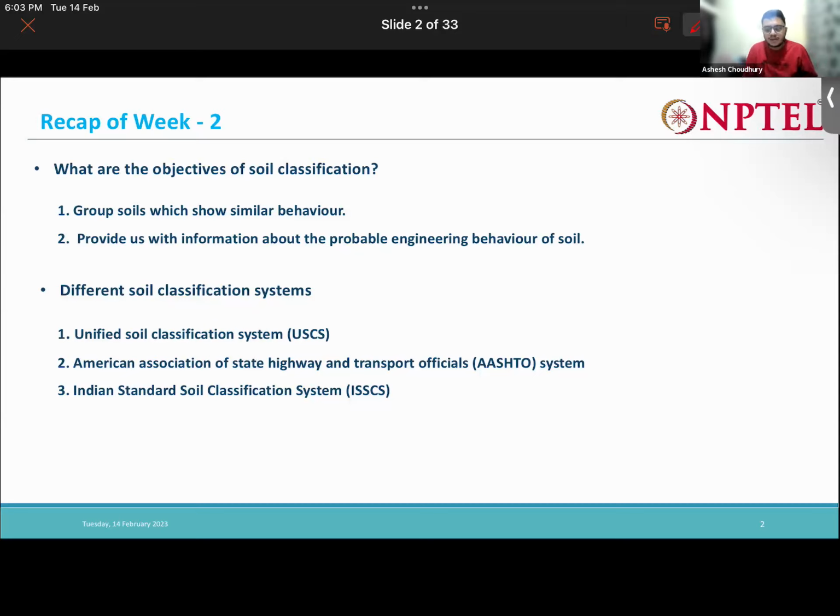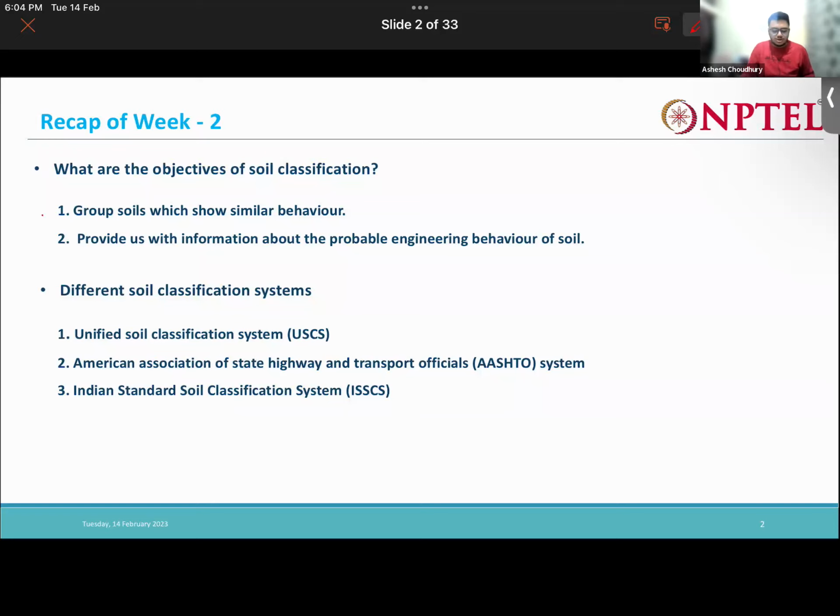If we group them, that means a particular group will have the same type of behavior, that is, they will show the same type of engineering property. So as soon as you get to know that a certain soil belongs to this category, you would be able to make a very good guess about the probable engineering properties of that soil, or how the soil is going to behave when such a load acts on it.